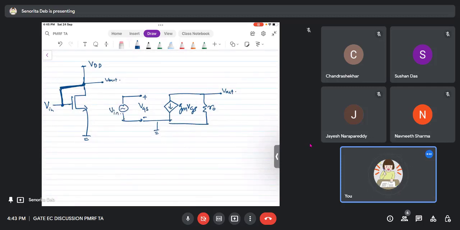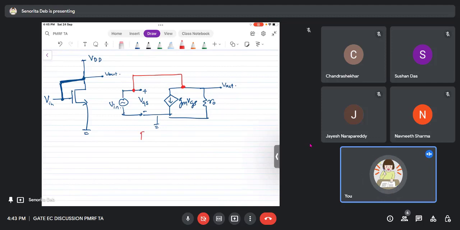And here I am saying that there is some input as well, right? So now the gate and drain is going to be shorted. Okay, the gate and drain is shorted, you can see it.